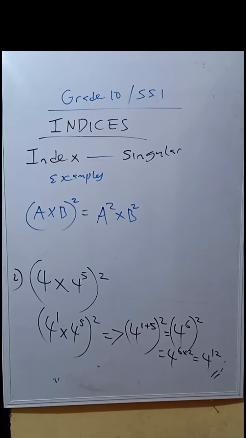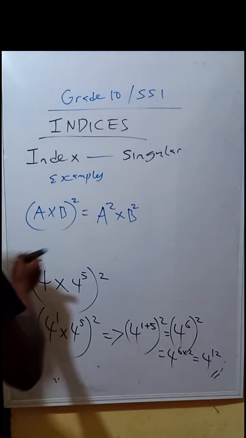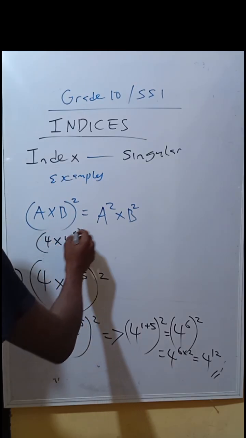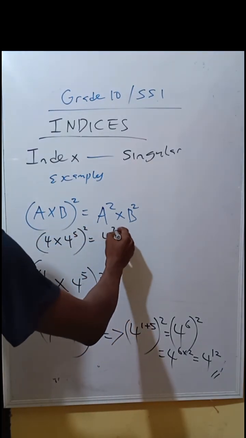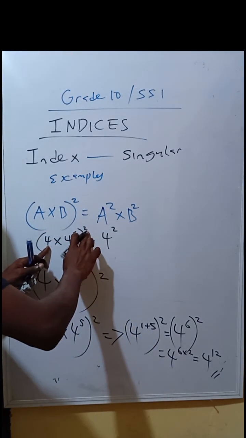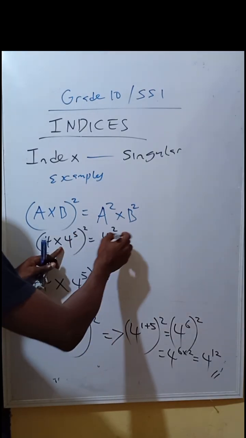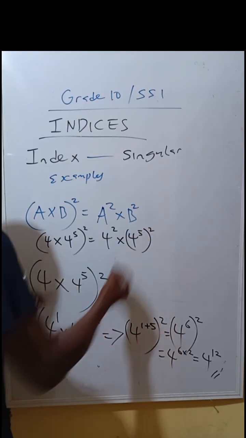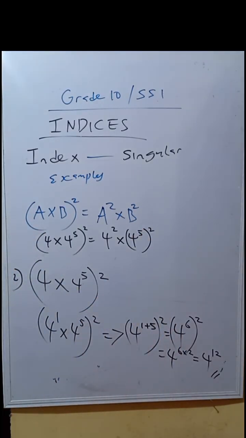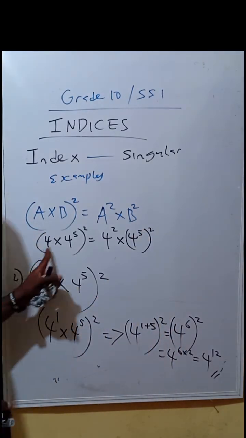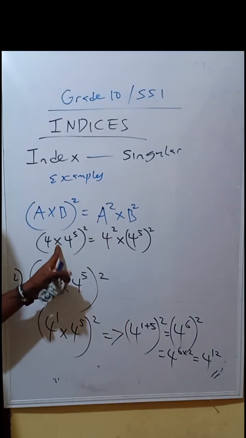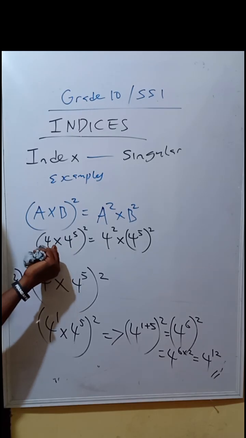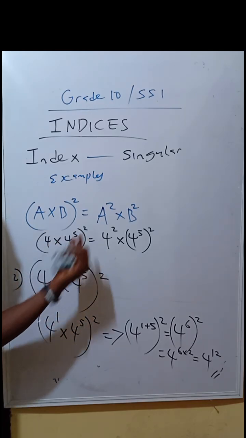So 4 times 4 raised to the power 5, squared, will be 4 squared, that is 4 raised to the power 2, times 4 raised to the power 5, squared. So I'm squaring this one first, times this one squared.